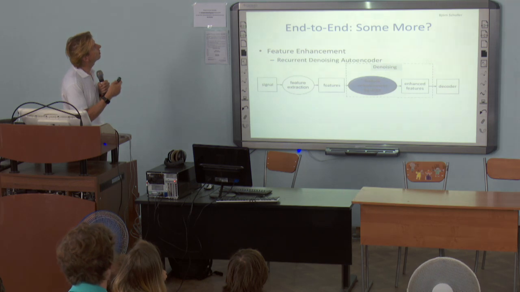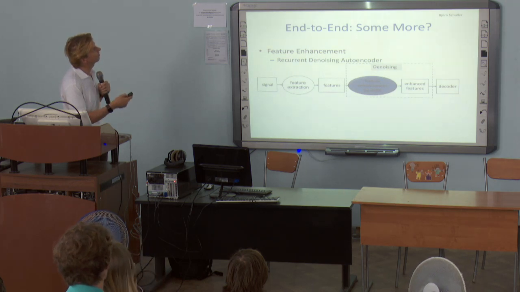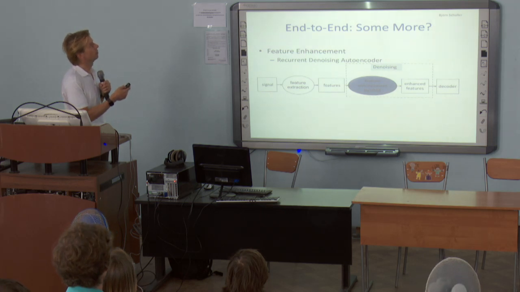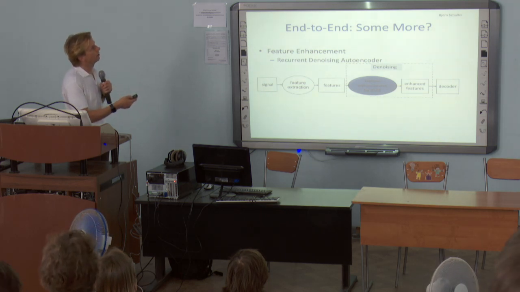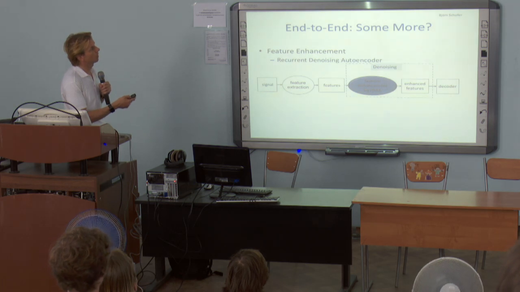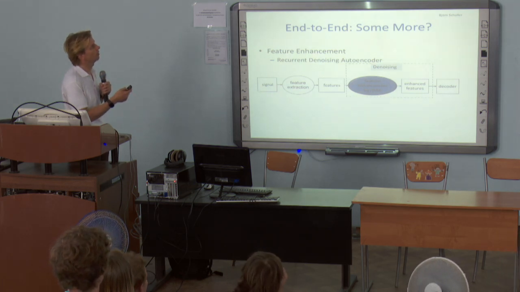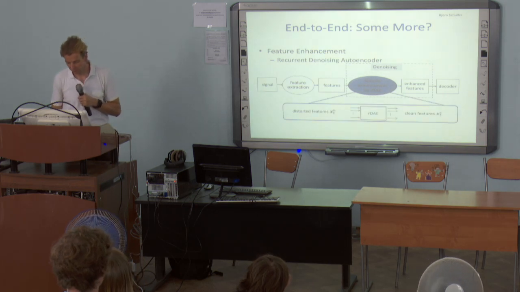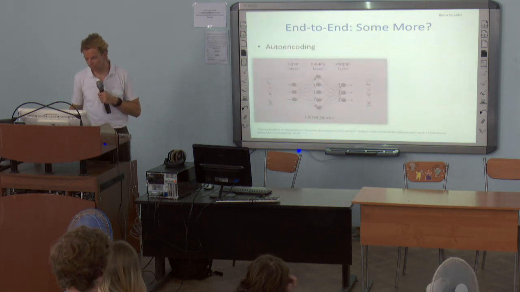And rather than enhancing with an autoencoder here, let's enhance here and have an autoencoder trained on mapping features extracted from a noisy signal to features extracted from a clean signal. So we're learning to map from noisy features to clean features. This was part of our challenge-winning contributions, the front end.